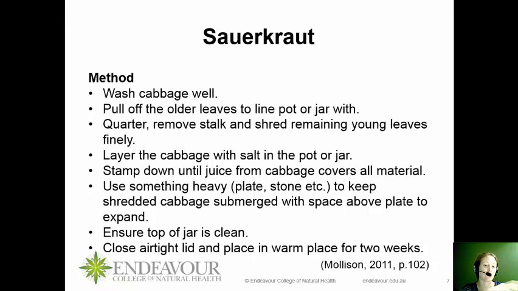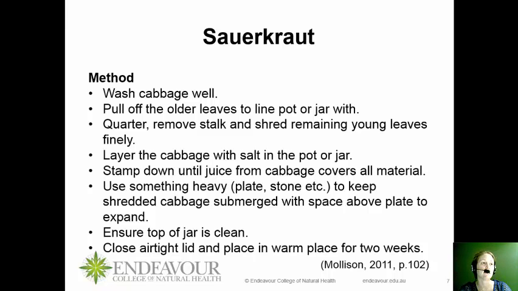You can try salt-free options of sauerkraut as well, so fermenting in wine, for example, and using herbs such as caraway, celery or dill. You can also try seaweed instead of salt to try and reduce the pathogenic bacteria. I've given you a reference at the end of Sandor Katz's Wild Fermentation.